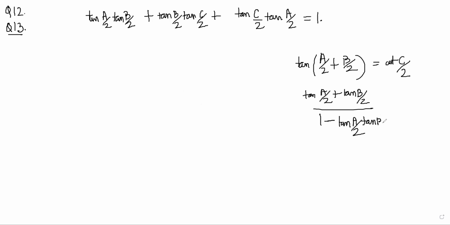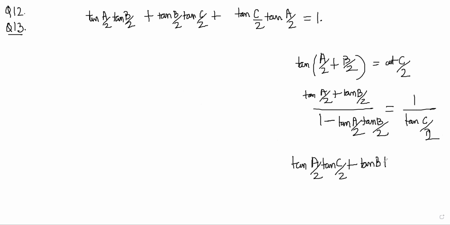It is helping. This is 1 by tan C by 2. Cross multiply, you will get this: 1 minus tan A by 2 tan B by 2. Correct? Then bring it to this side.